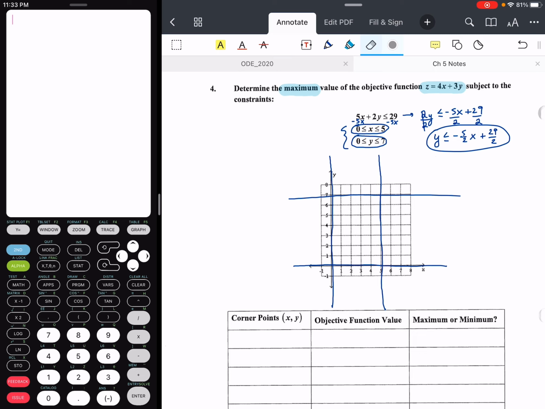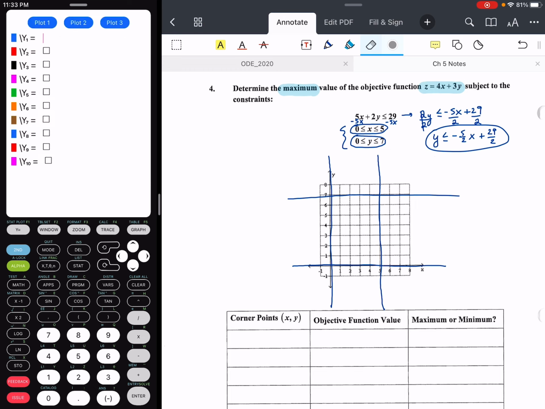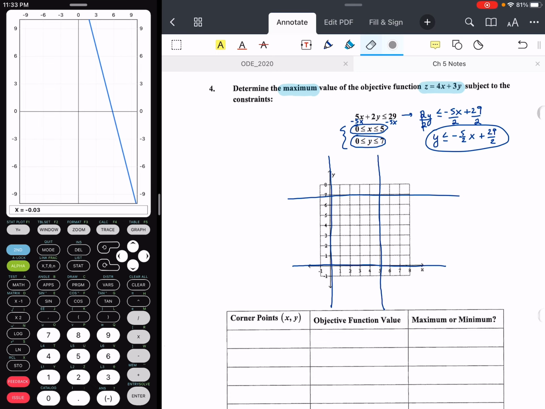Okay, so let's go ahead and handle this inequality here. 29 over 2, that's the same thing as 14.5. And if we graph that, so if I cheat a little bit and do y equals negative 5 halves x plus 29 over 2, if I graph this, I know it's going to come down.